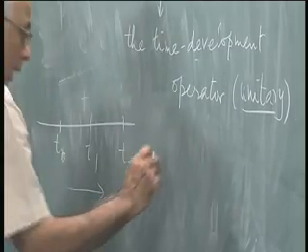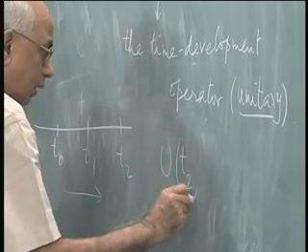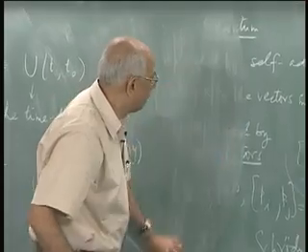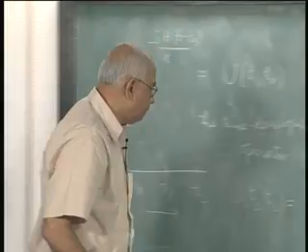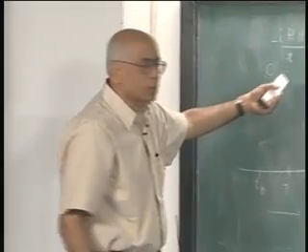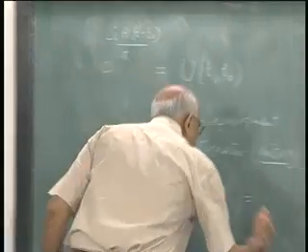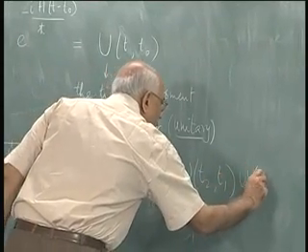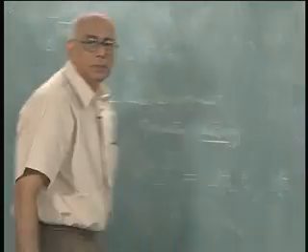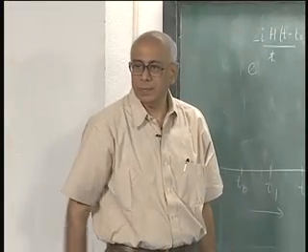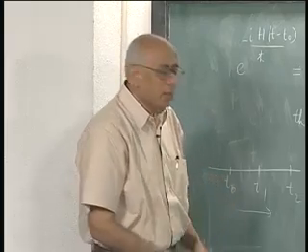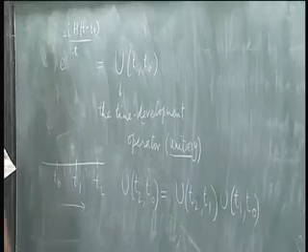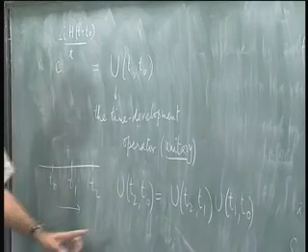Then you could ask what is U(t2, t0) equal to, and it is immediately clear from this exponential structure that this is U(t2, t1) U(t1, t0), in that order, not in the reverse order, and the order is important. Of course here the Hamiltonian is time independent, so it does not really matter, but in general once again you have to keep track of this.